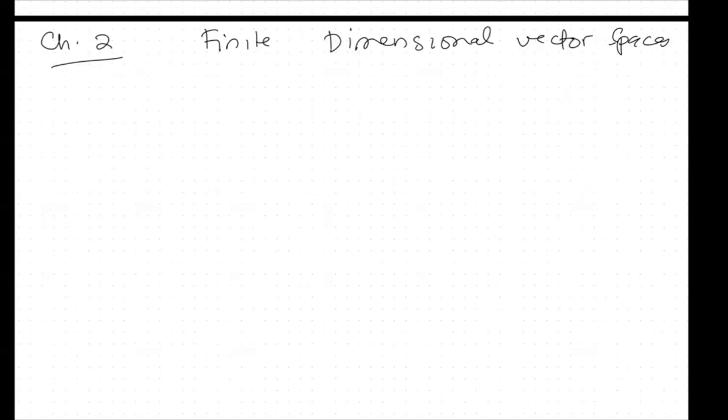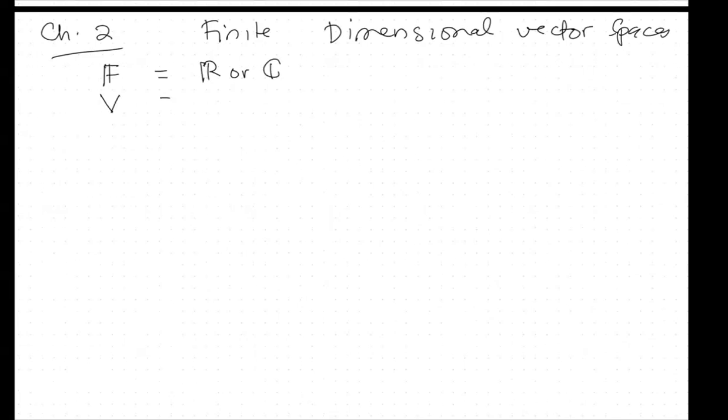As I remarked, this is a conceptual course. So let us recall our notation. Our F is just equal to R, or the complex numbers. And then our V is a vector space over our field F.